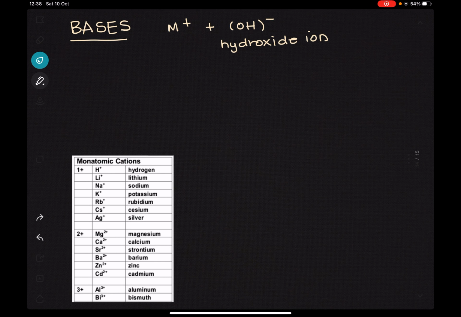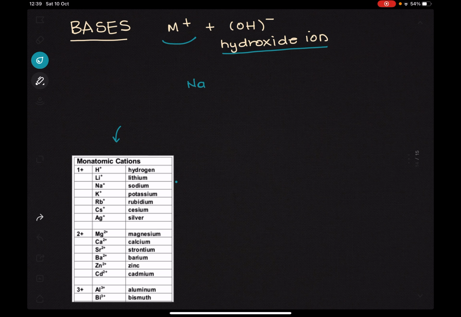Okay, now for the bases. In the case of the bases, the basic part of my molecule is going to be the hydroxide ion. The hydroxide ion is OH -1, and we're going to combine it with a metal. And here I have the monoatomic cations, right? So let's just do some exercises for this.